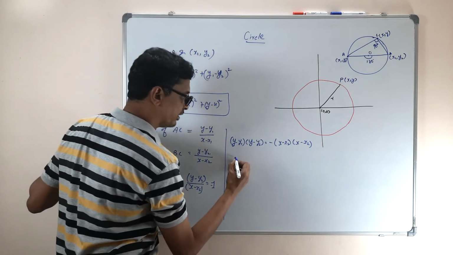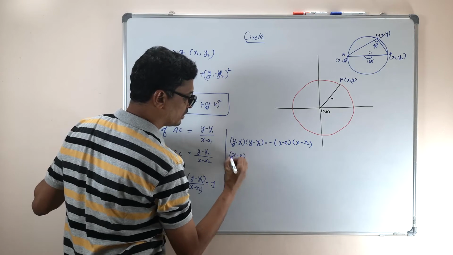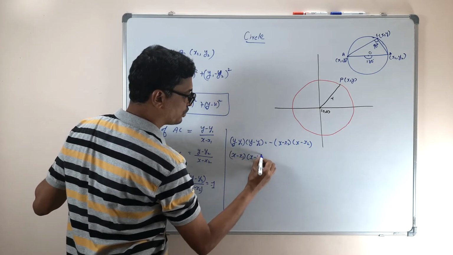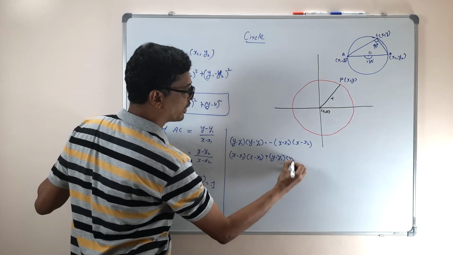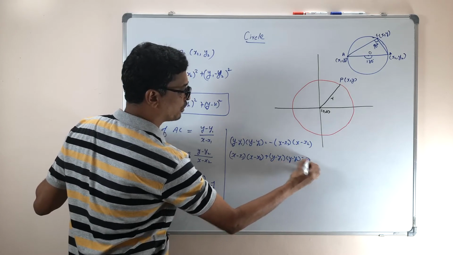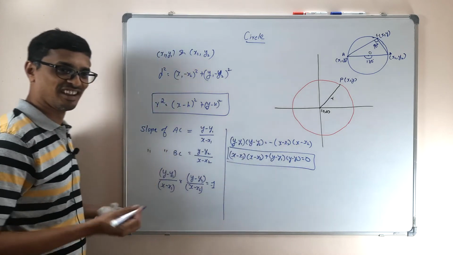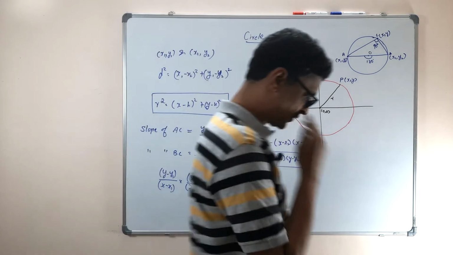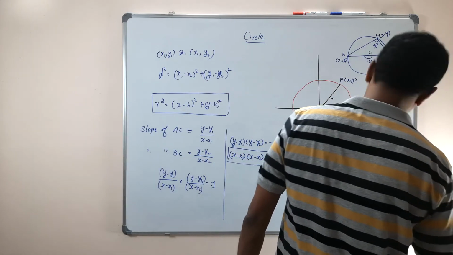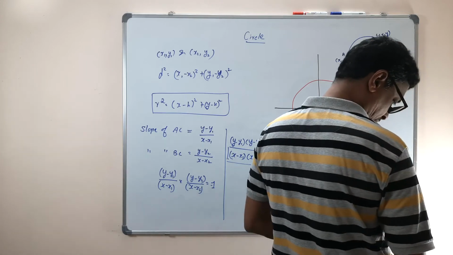You take this side here, what you have is x minus x1 into x minus x2 plus y minus y1 into y minus y2 is equal to 0, which is easy. So you can do it that way also. Cool. So if you are given the extreme points of the diameter, that's also how we can find out the circle.